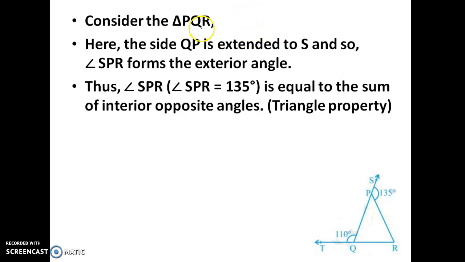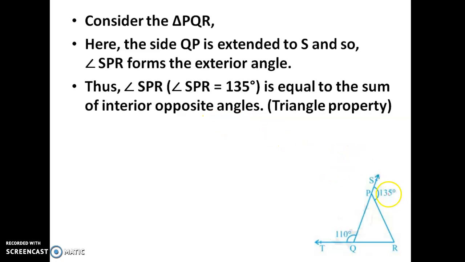So consider triangle PQR. Here the side QP is extended to S, and so angle SPR forms an exterior angle. So thus SPR equal to 135 degrees is equal to the sum of the interior opposite angles.